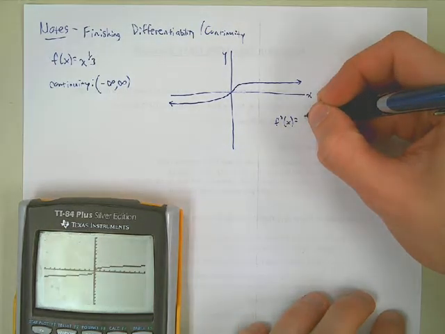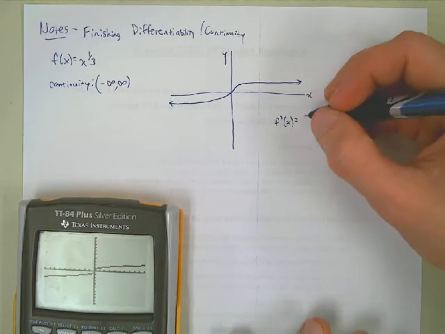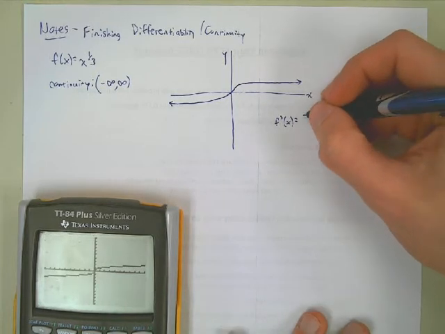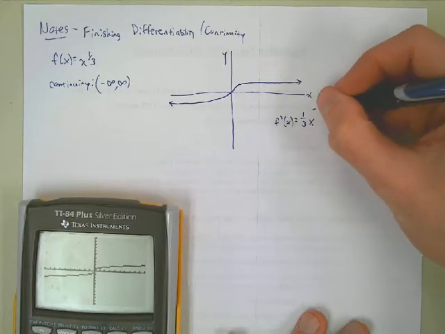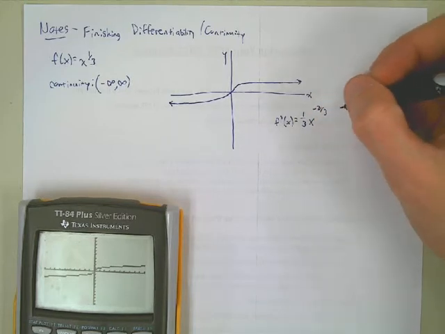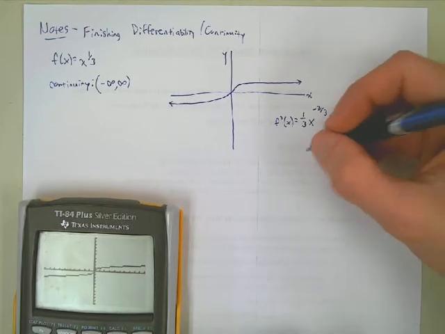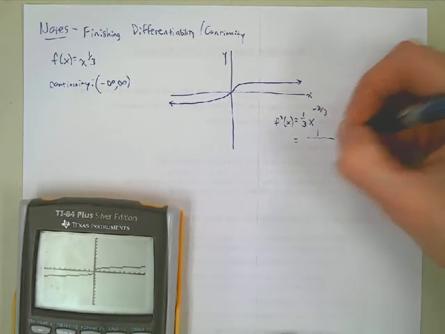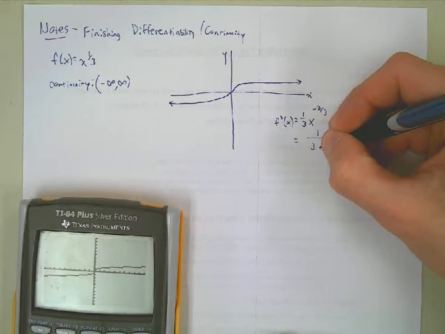It'd be 1/3 x to the negative 2/3. Good. That's our derivative, which we should probably rewrite though, right, Joey, as 1 over what? 1/3, then on the bottom it'd be the cube root of x squared.